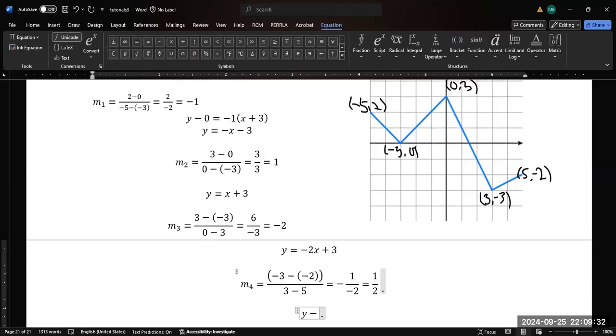And then y minus -3 is going to give me 1/2 times (x minus 3).